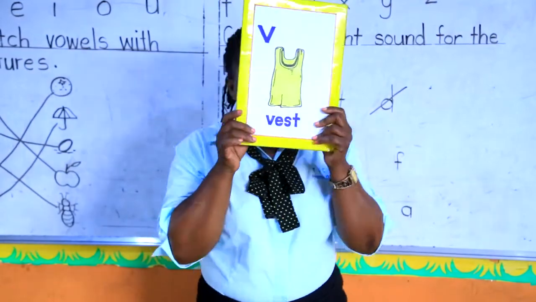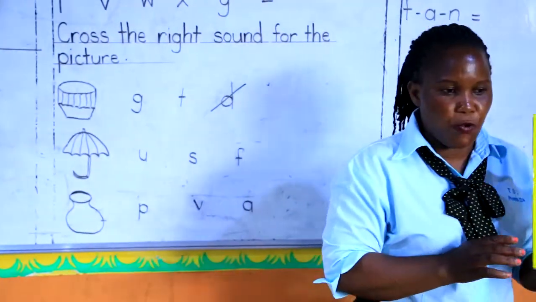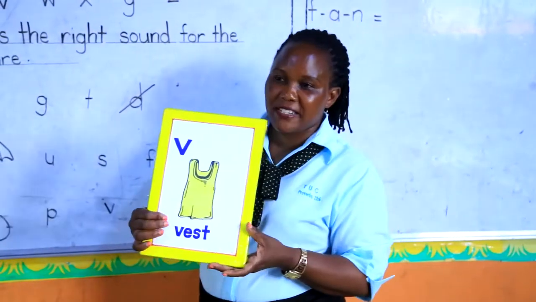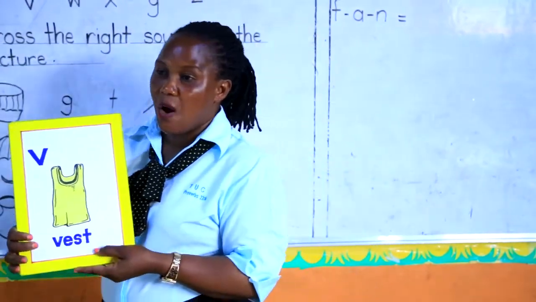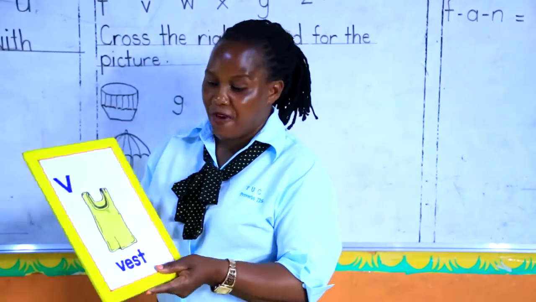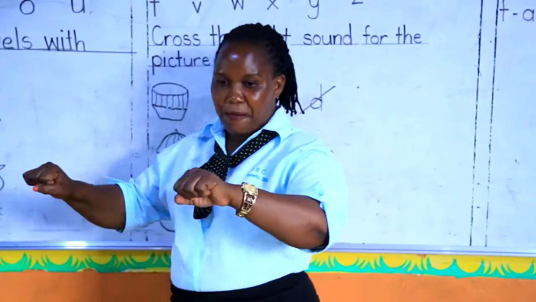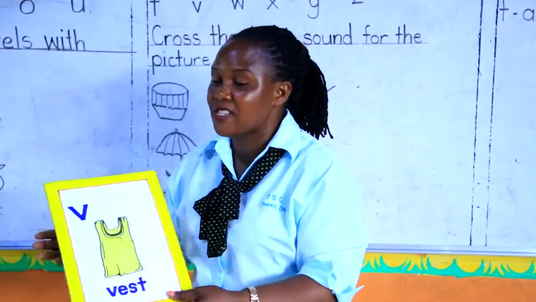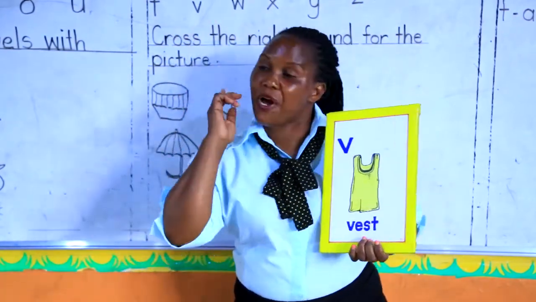We are here. What letter sound is this? Who can tell us what it is? Class, what is this? This is the sound. Everybody. Good. And this sound too has got a friend.